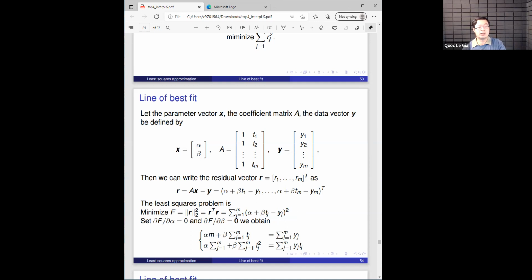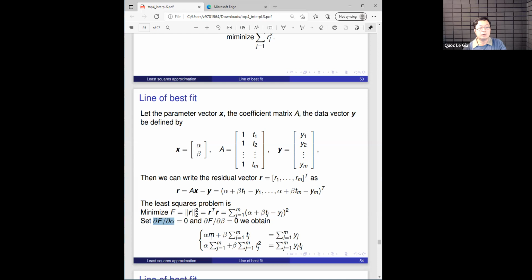For one variable, you just set the derivative with respect to that variable equal to 0. But here you have two variables. If you set partial F with respect to alpha equal to 0 and partial F with respect to beta equal to 0, then you have two equations in alpha and beta, and you can solve for them.